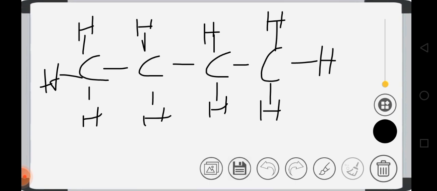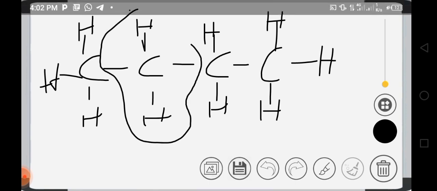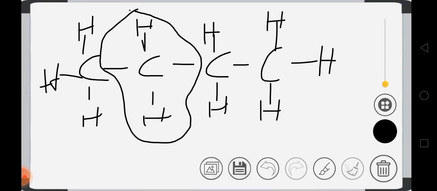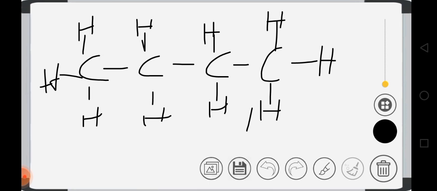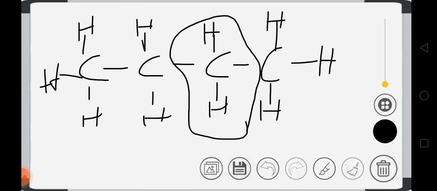So all this carbon, this one now that is having 2, that is called methylene. That's what we call it, methylene. Then this other one is also called methylene. Methylene is like this. You have a carbon atom, then hydrogen, then the bond will be here. That's what we call methylene.